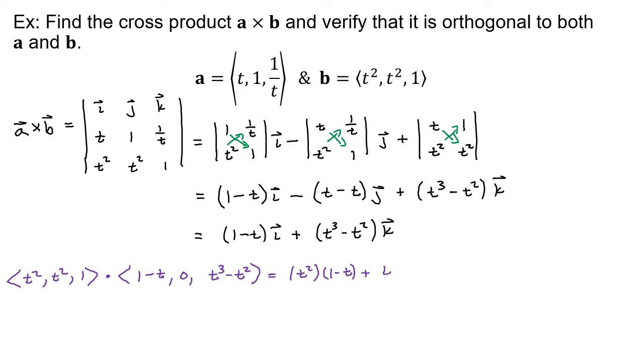I would do the second ones, the t squared times 0, which won't do anything. And the third one's the 1 times the t cubed minus t squared. That'll give me a t squared minus a t cubed. The part with the 0 goes away, and I'll end up with a t cubed minus t squared. That indeed comes out to be 0, and so they are orthogonal. And you could do it with the a one as well. I'll leave that up to you if you would like to try that.